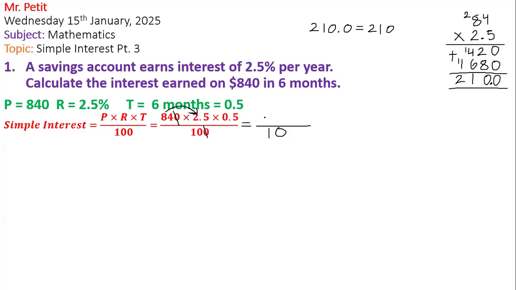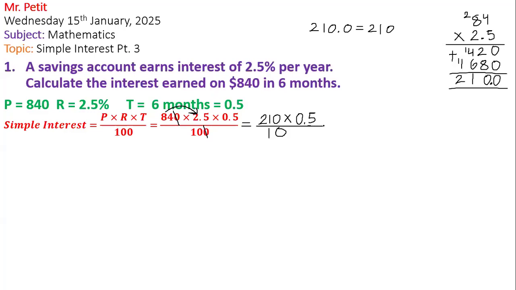I get 105 for my answer. 105? Yes, sir. Okay. Anyone else get 105? He said he got 105. Mr. Petit, when you get the 210, you know what I went ahead and did?